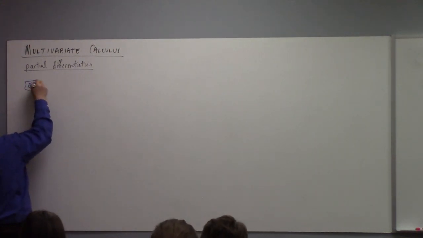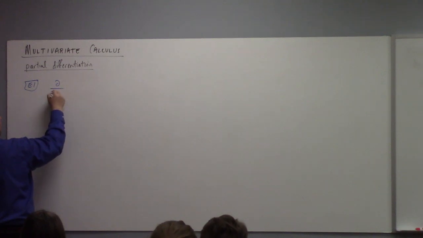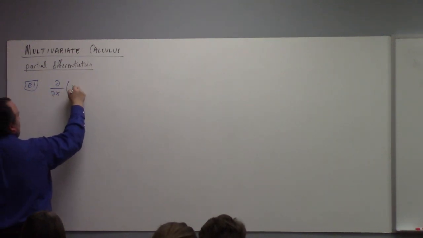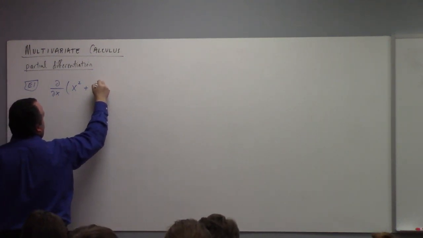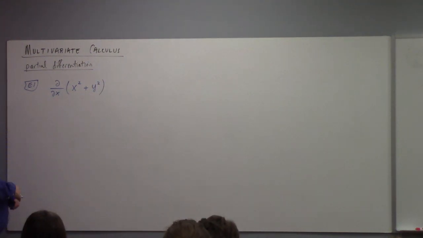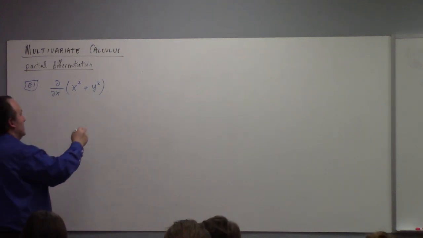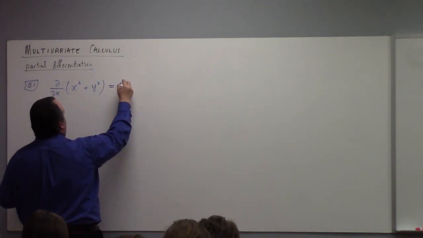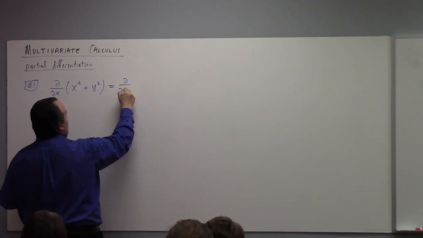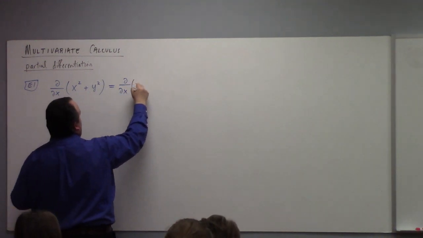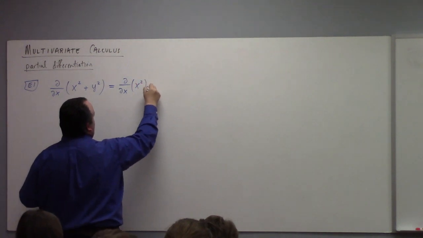If I am calculating the partial derivative with respect to x of, let's say, x squared plus y squared, by the way, first of all, this notation is not a d, this is a partial. That's a notation for a particular kind of differentiation.